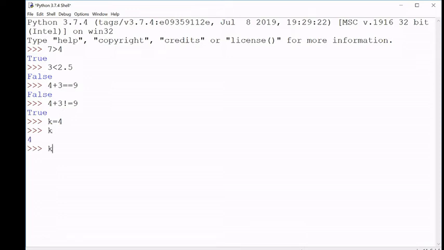If I typed k plus 3, the computer is thinking of this as 4 plus 3, which is 7. And I can test, is k plus 3 equal to 7? I've used the double equals sign this time because I'm asking it to compare something. And yes, because k is 4, k plus 3 is equal to 7.